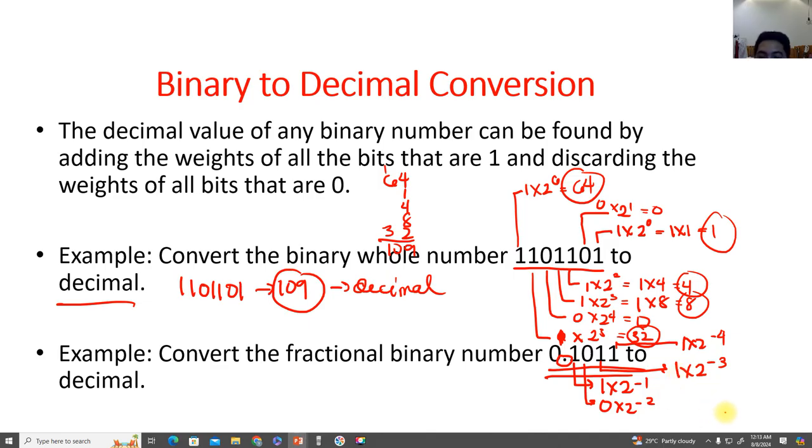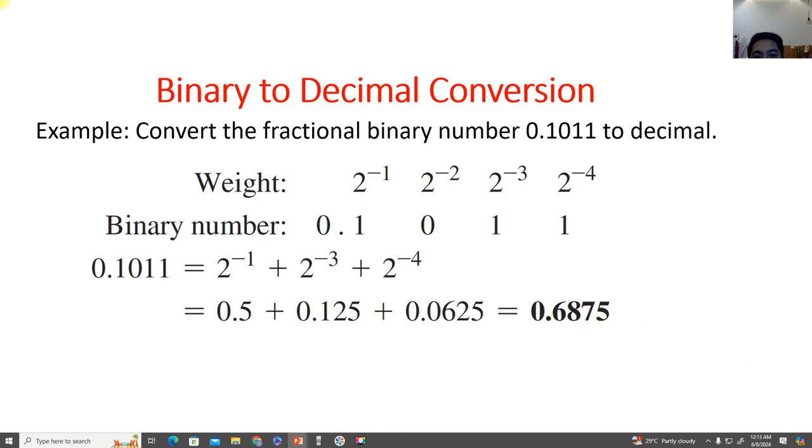If we add this all up, 2 raised to negative 1 is 0.5. 2 raised to negative 2 contributes 0 since we multiply it with 0, so we can just leave it.